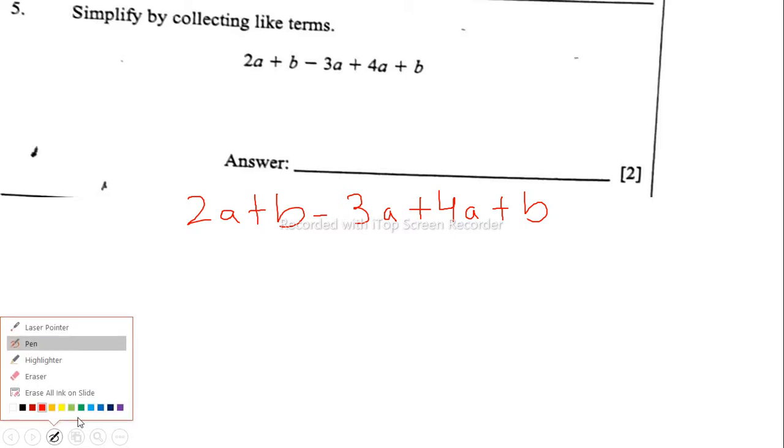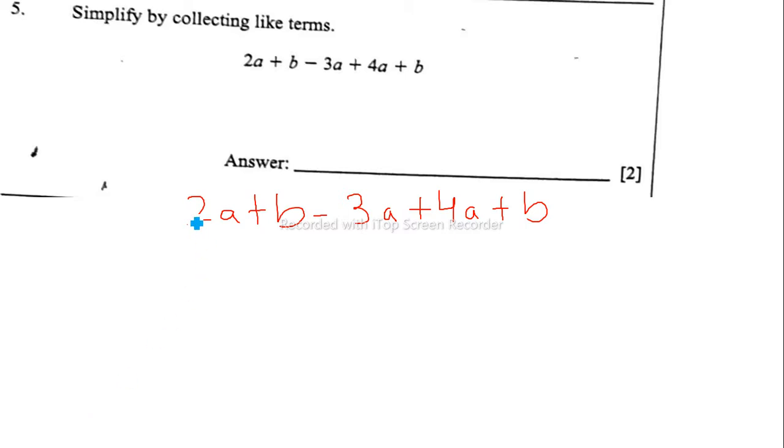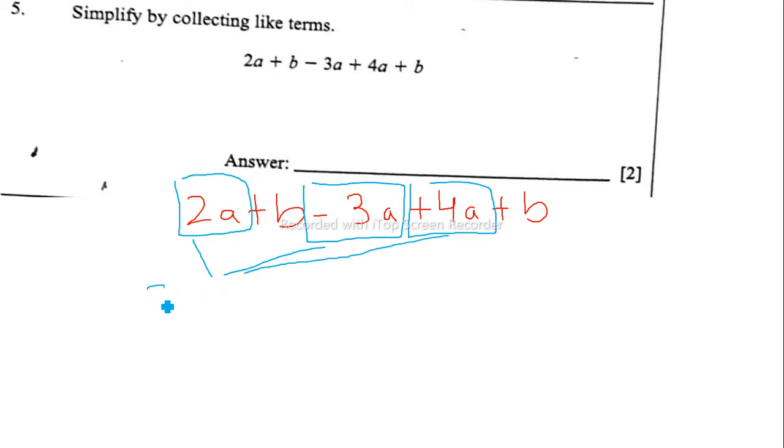So you're grouping all the A's together. That means this would go 2A, negative 3A, and positive 4A. All these would be grouped together. So it's 2A minus 3A plus 4A.